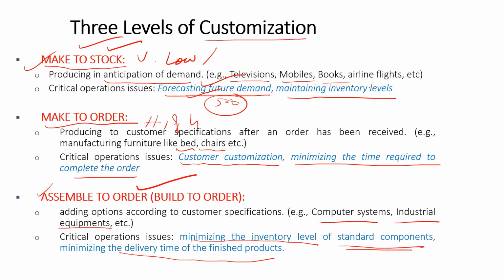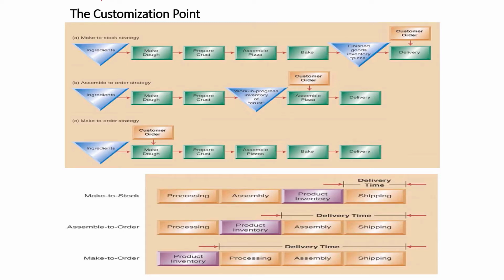First, let's look at the customization point, or the decoupling point, that is, at what particular point the customer involvement occurs when we are adopting a make to stock, assemble to order, or make to order strategy. Right now I am taking the example of pizza manufacturing. If we are adopting a make to stock strategy, of course, we already have a finished pizza.